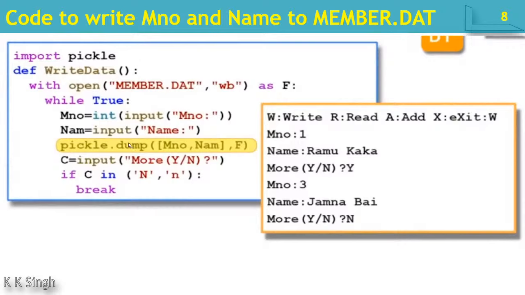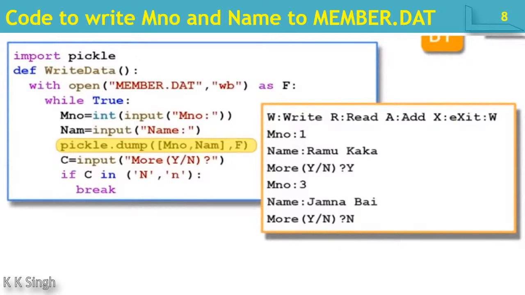After dumping the information onto the file, I am asking whether you want to continue or not. So c is equal to input more, yes or no. If you enter y, it will continue taking the values, and if you say no, it will come out of the function.